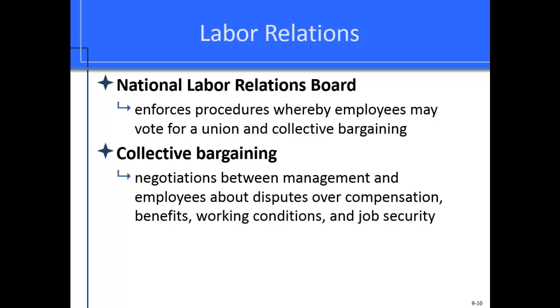Now, legislation passed in 1935 resulted in the National Labor Relations Board, which enforces procedures whereby employees may vote to have that union or collective bargaining that I just mentioned. A 1947 law, the Taft-Hartley Act, allows the President of the U.S. to prevent or end a strike that threatens national security.